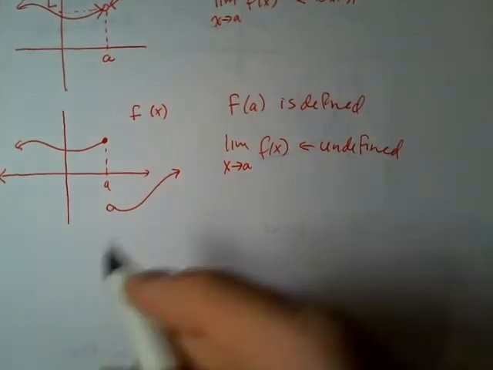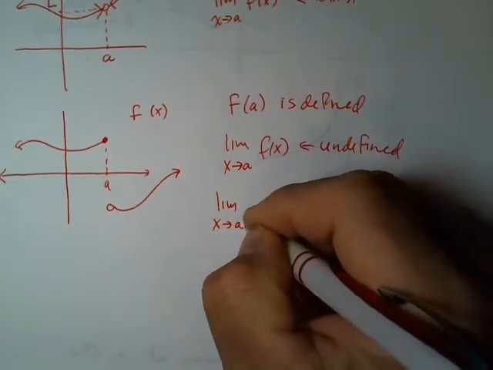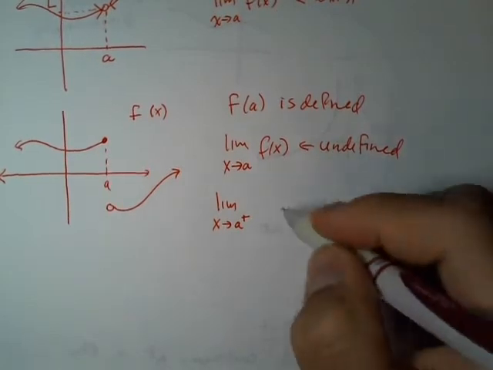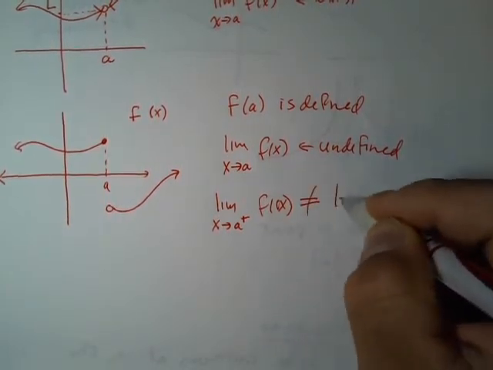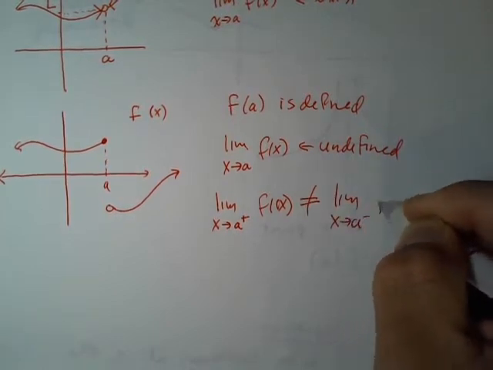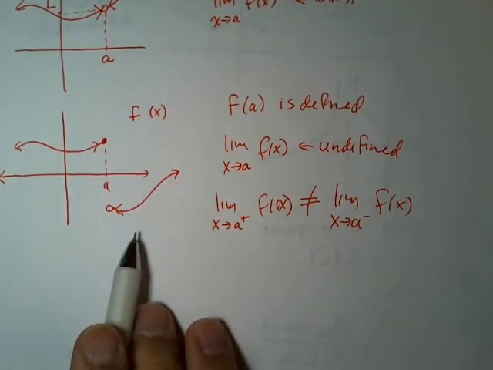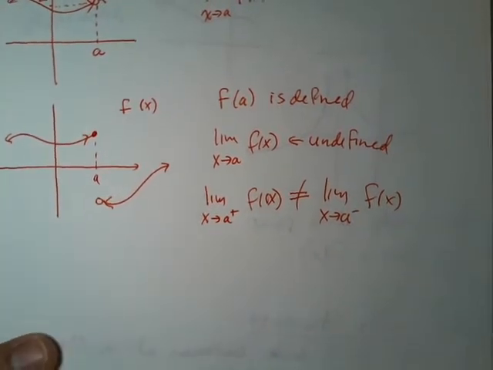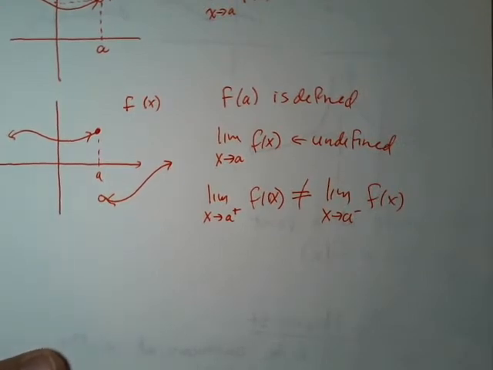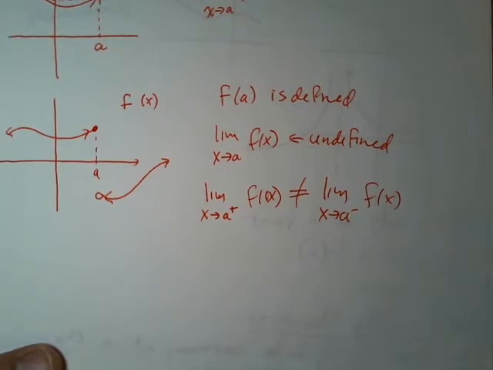The reason is that the limit as x approaches a from the right side does not equal the limit as x approaches a from the left side. Both are approaching different values, and the only way the limit exists is if the one-sided limits are equal to each other. So it fails the second item on our continuity checklist.